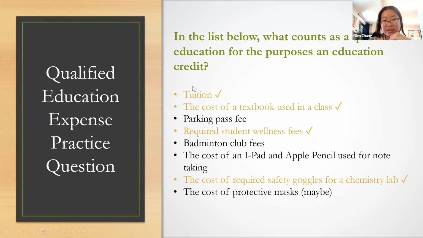maybe. So we said tuition is a qualified expense. The cost of a textbook that's required for a class also counts. Required fees to enroll in the institution counts. And this one might have tripped people up a little: the cost of required safety goggles for a chemistry lab.